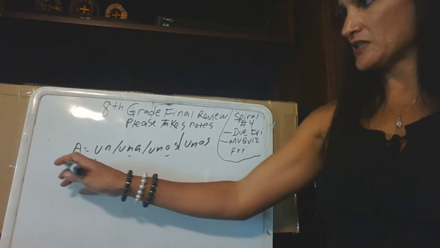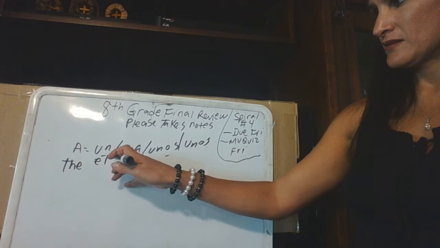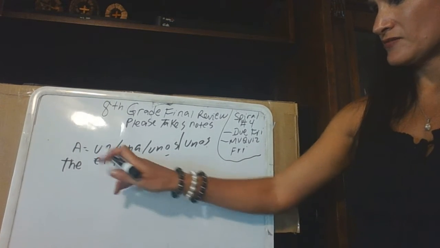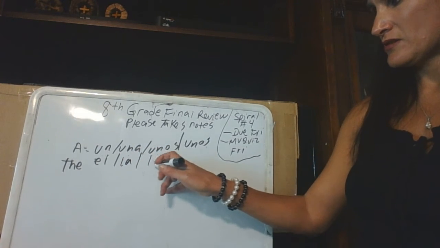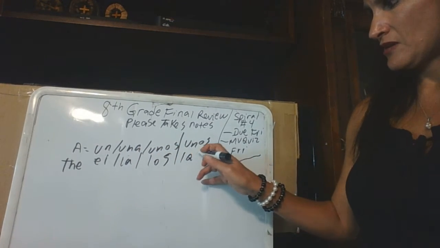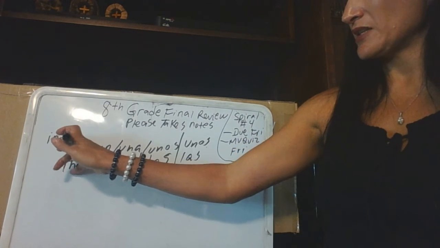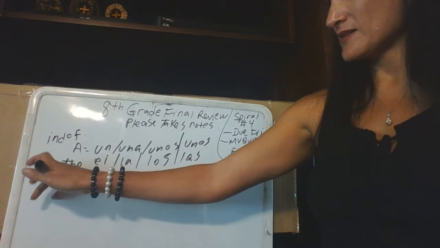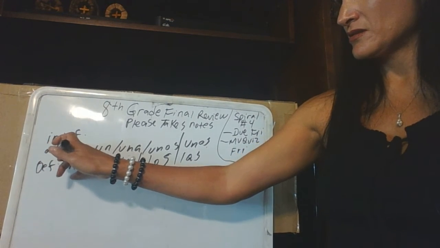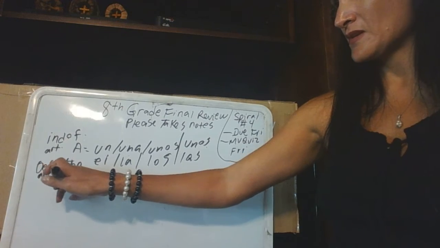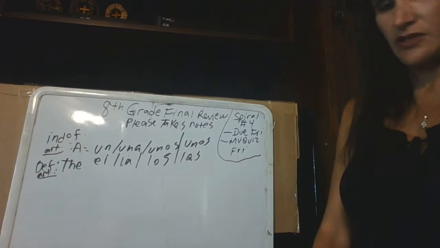You need to know the translation for the word the: el, without an accent, with an accent is he, la, los, las. Remember that we call this one the indefinite article, meaning not specific, and this one's called the definite article.